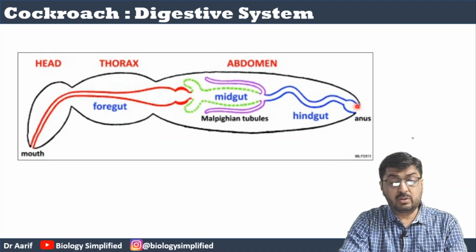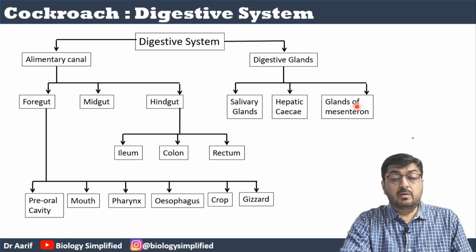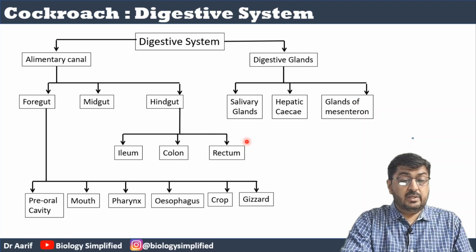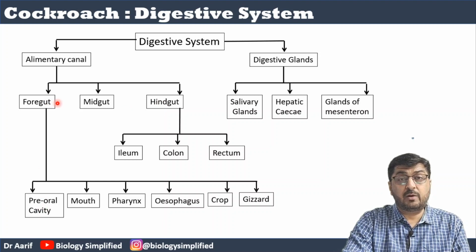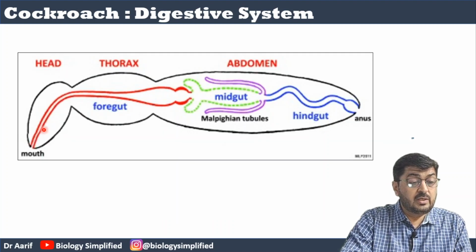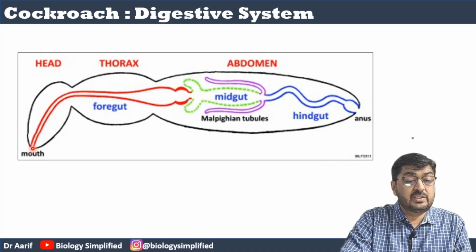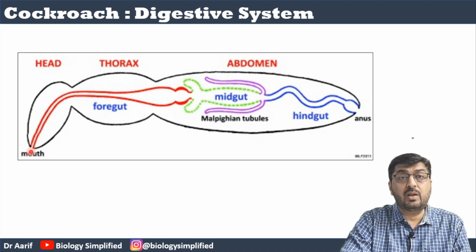Let's check out again. I've just tried to give all the parts here. You can have a look here, please. In the alimentary canal we have foregut, midgut, hindgut. Now in the foregut we've got the pre-oral cavity. So what all is there in the foregut first? Have a look at this. The cavity which is just ahead of the mouth is called the pre-oral cavity.